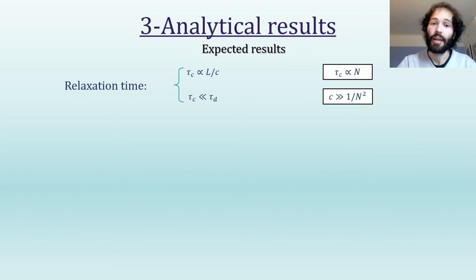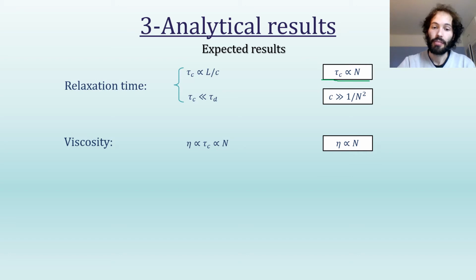By doing some scaling arguments, we can predict some of the results when the drift is significant. So in this regime, we must have this condition, that the relaxation time due to the drift, that is given by this relation, is much smaller than the relaxation time in the pure reptation model. So this gives us this linear dependence on the molecular weight, and this condition for the drift to be significant.